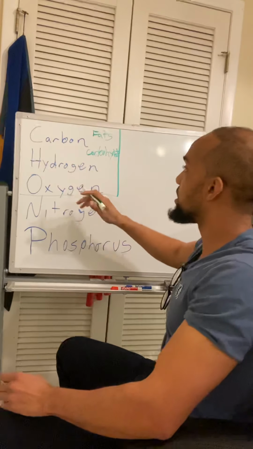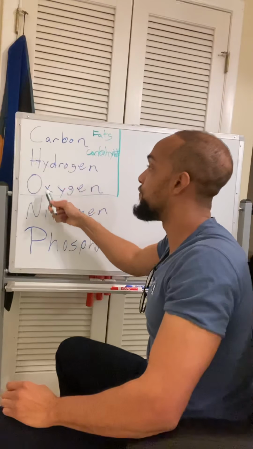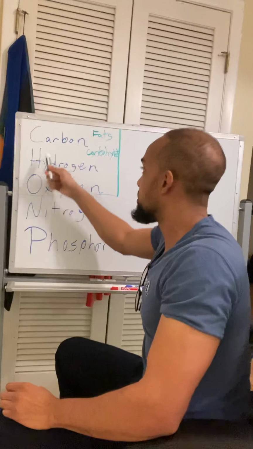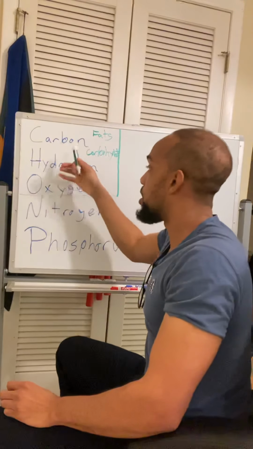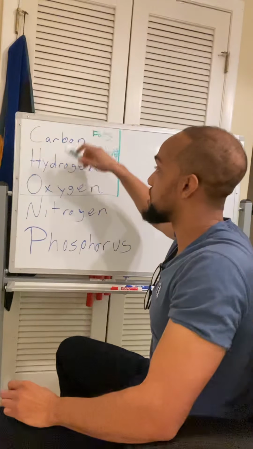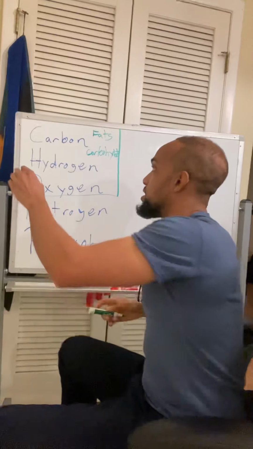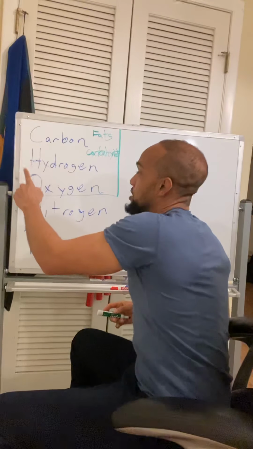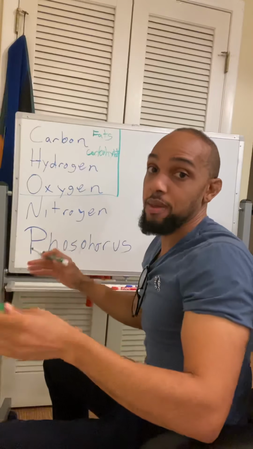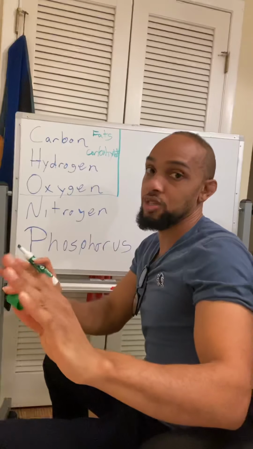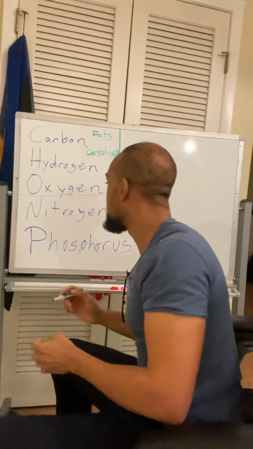Now, in later videos, I'm going to discuss the chemical formulas of different kinds of carbs and different kinds of fats, because even though they're all made of the same things, there's a different number of carbon, hydrogens, and oxygens that make up certain kinds of fat. But anyway, that's going deeper into chemistry territory, and I'll discuss that later.